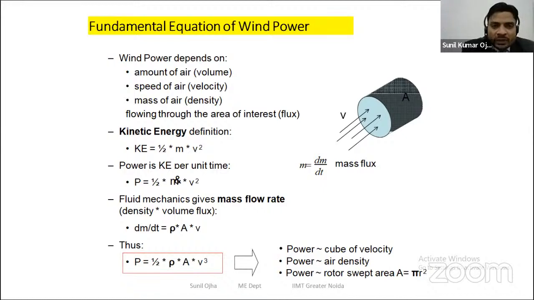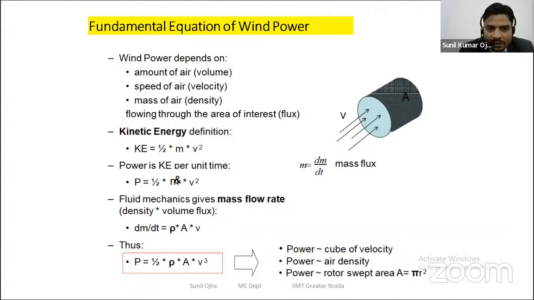So how do we calculate the wind power? We can mathematically formulate the fundamental equation of wind power. As we know, wind power depends upon the amount or volume of air, the speed or velocity of air, and the mass of the air, which we calculate in terms of density, flowing through the area of interest, that is flux.